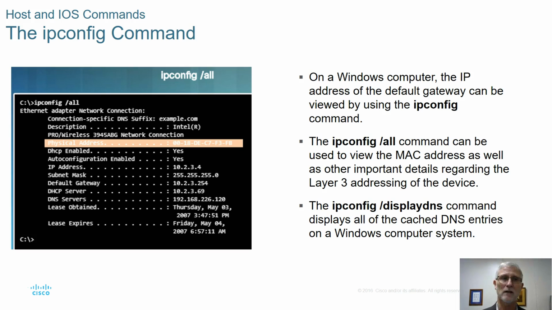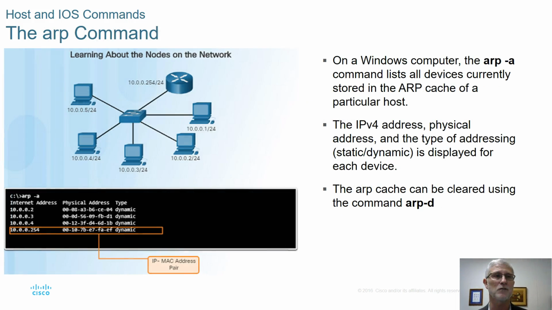So it gives you a lot of different options, but these are some of the big ones that you use. We've looked at the Address Resolution Protocol. Here you see the command being used again on a Windows computer. It gives you the IPv4 address. It gives you the MAC address, and whether it's static or dynamic.